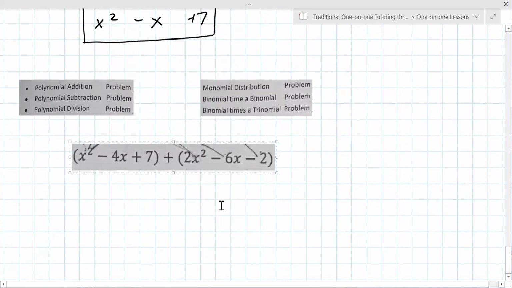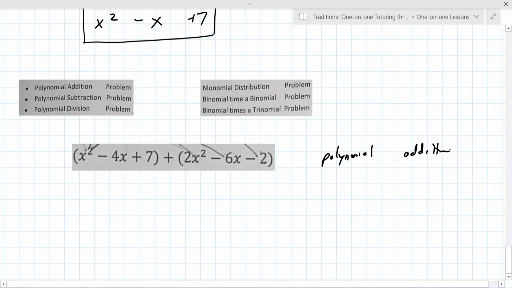I see addition, and they're both polynomials, so polynomial addition. That's right. There's only one addition out of these, so once you see that, you're like, I got it. So this is polynomial addition.